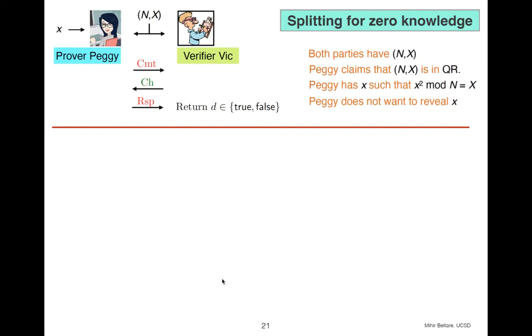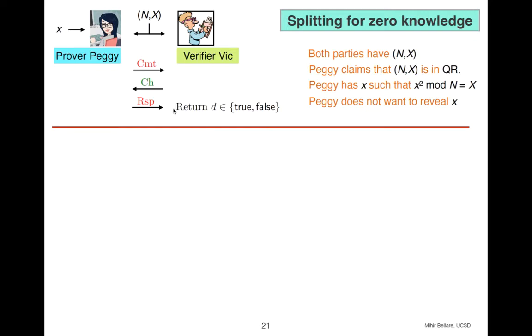Okay, so we are now going to use this splitting capability for a zero-knowledge protocol. So the setup, remember again, is that both parties have the claim big N and X. Peggy is claiming that this pair is in the language of quadratic residues, and if her claim is true, she has a square root little x of big X, but she doesn't want to reveal it.